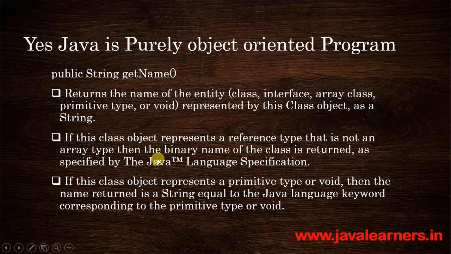This is specified in the Java language specification. If the class object represents a primitive type or void, then the name written is a string equal to the Java language keyword corresponding to the primitive type or void.